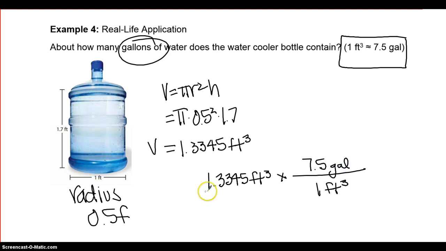If you picture this as over 1, these are going to cancel out, and you need to multiply 1.3345 by 7.5, and you get approximately, and we're going to round here, approximately 10 gallons of water.